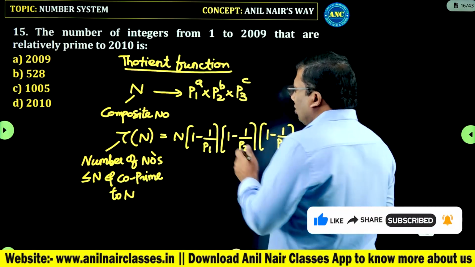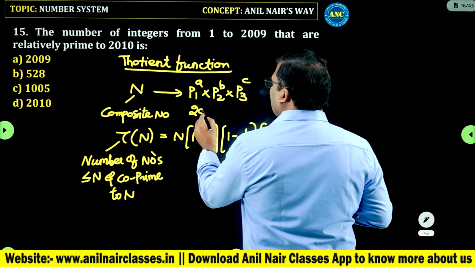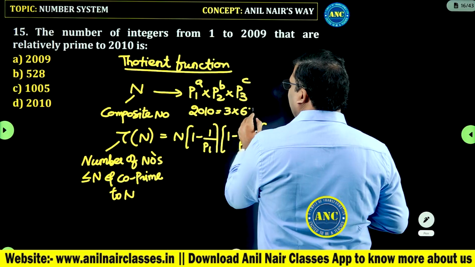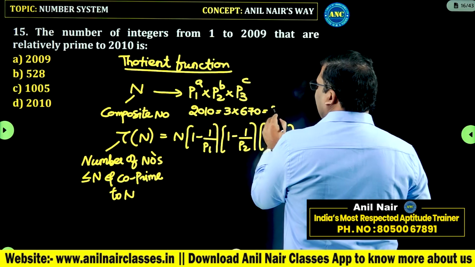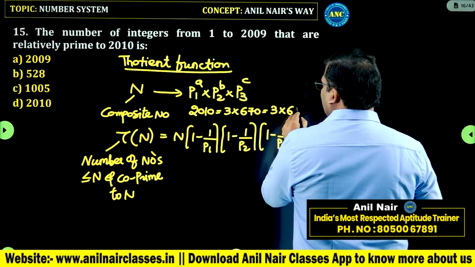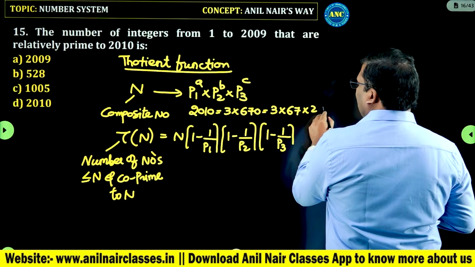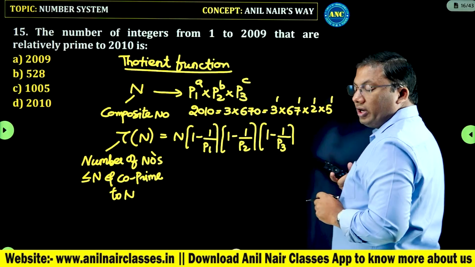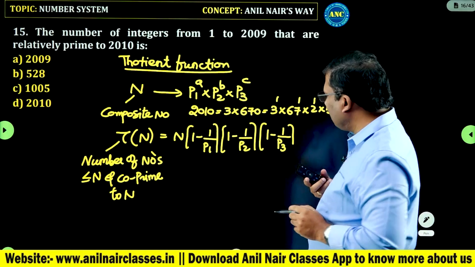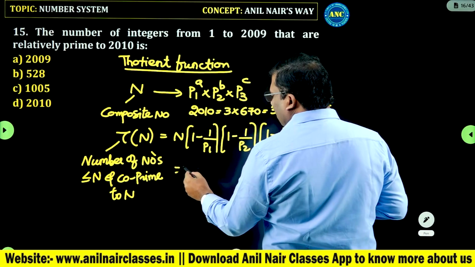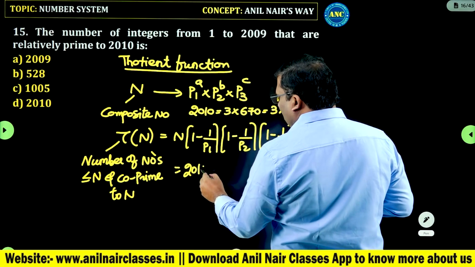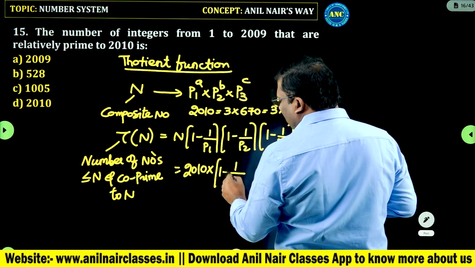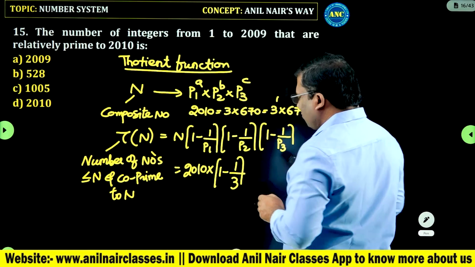So here it is 2010. 2010 can be written as 3 into 670. 670 can be written as 67 into 2 into 5. All the numbers I wrote: 2 into 3 into 5 into 67. So the answer will be 2010 into, out of 3 consecutive numbers, 1 is divisible. How many are not divisible? 1 minus 1 by 3.